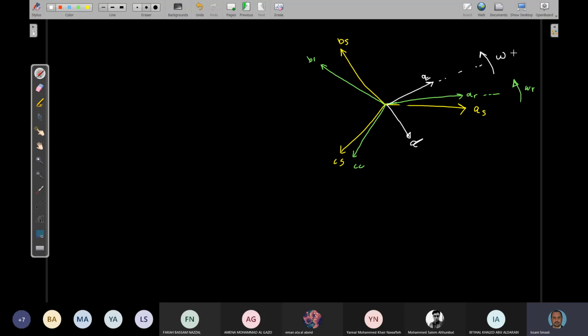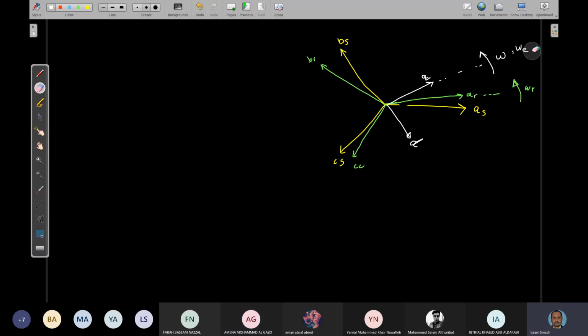Now, if omega equals 0, this means that this frame is stationary, never rotates. If omega is equal to omega e, then this frame is rotating by the synchronous speed, which is 2 pi f.